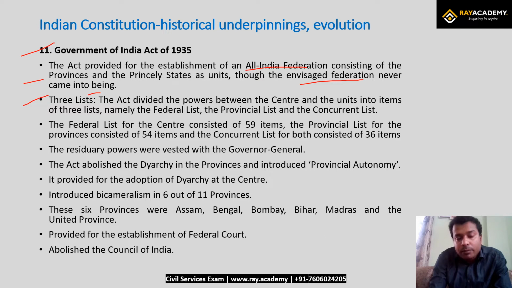Remember, in the previous act only 2 lists, now 3 lists are introduced: the federal list, the provincial list and the concurrent list. The federal list for the center consisted of 59 items, the provincial list for the provinces consisted of 54 items, and the concurrent list for both consisted of 36 items. Primarily you need to understand what you mean by the provincial list, the federal list and the concurrent list.